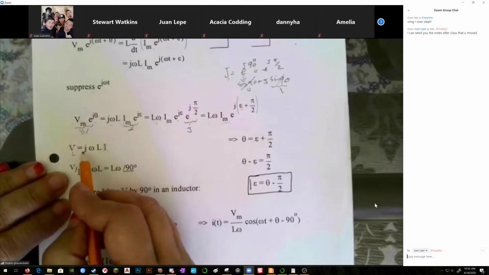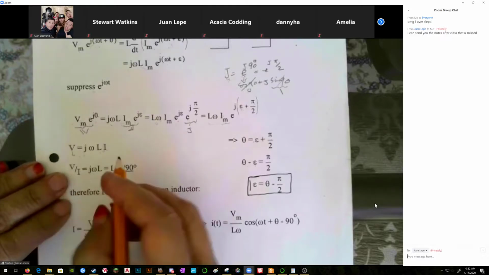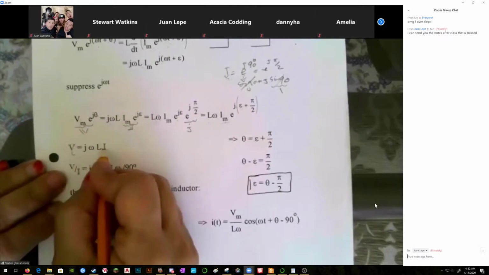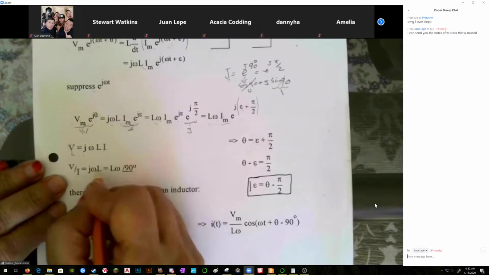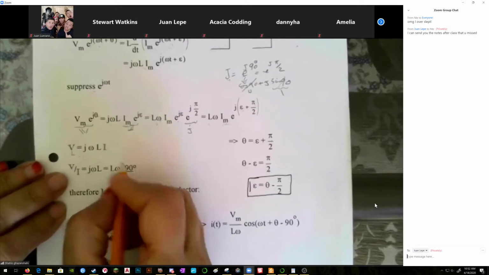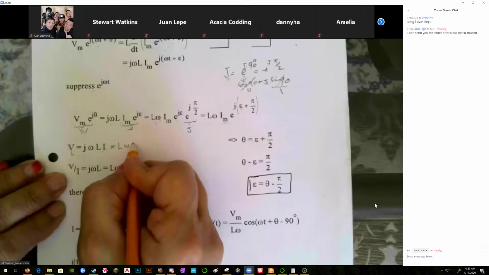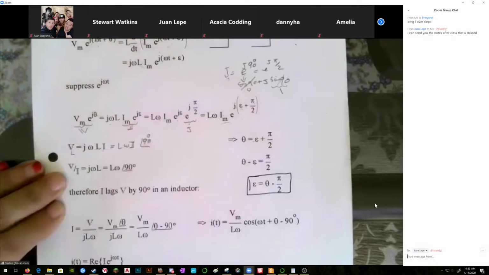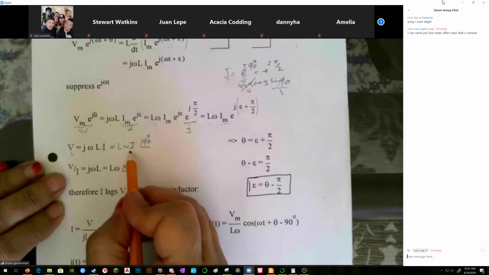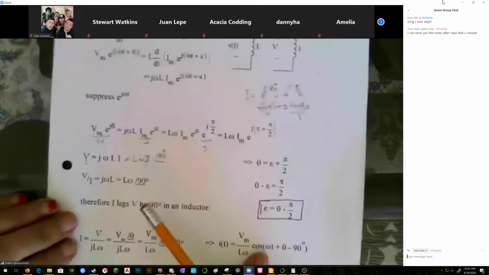I told you, instead of j, you can put 90 degrees. So if I divide V by I, what do you get? j L omega, correct? So you have L omega, and instead of j, you put 90. Or I can write it like this, L omega I, and instead of j, you just add 90 degrees. So whatever the angle of the current is, you add 90.